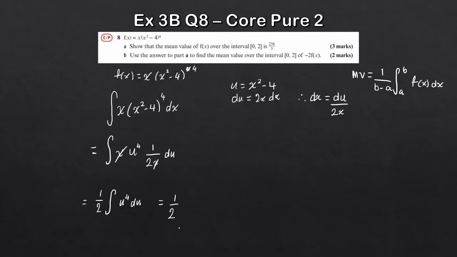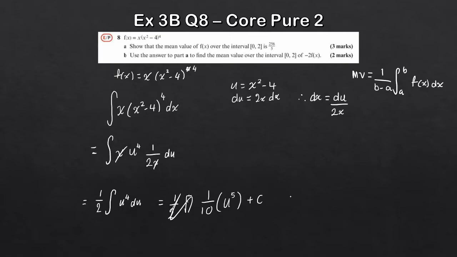So this would be a half, so this would be u to the 5 divided by 5. So in fact what I'll write is 1 over, so this is u to the 5 divided by 5, so 1 over 2 times 1 over 5 is 1 over 10. So what I get here is 1 over 10 times u to the 5, and we've got our plus c here.